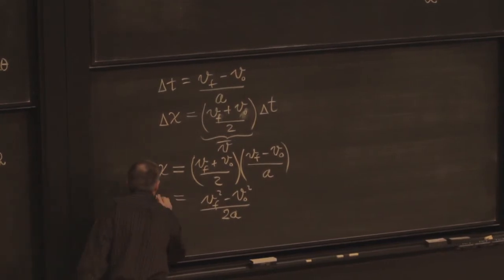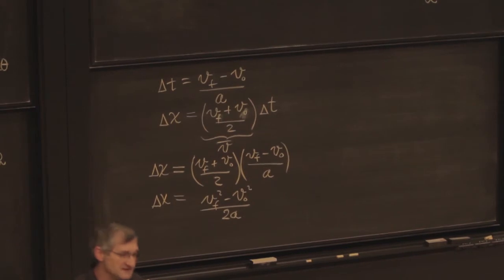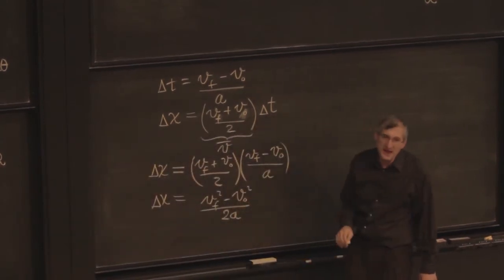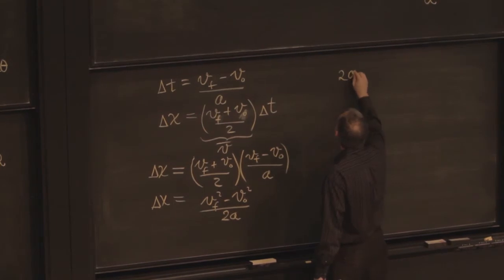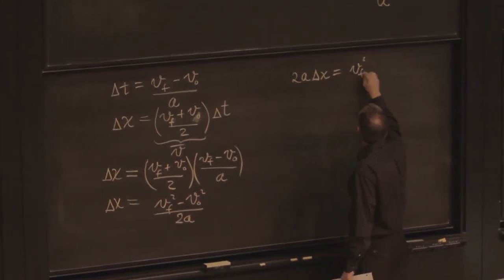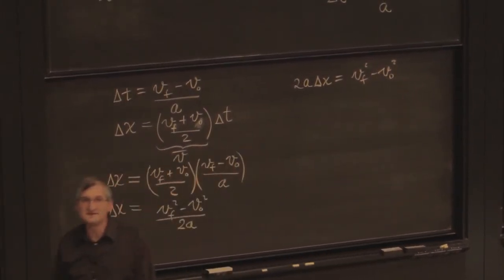Right? Do you smell any rats? Yep. Okay, so what we know and love from high school, if I were to multiply through by 2a, okay, that's true if a is constant.